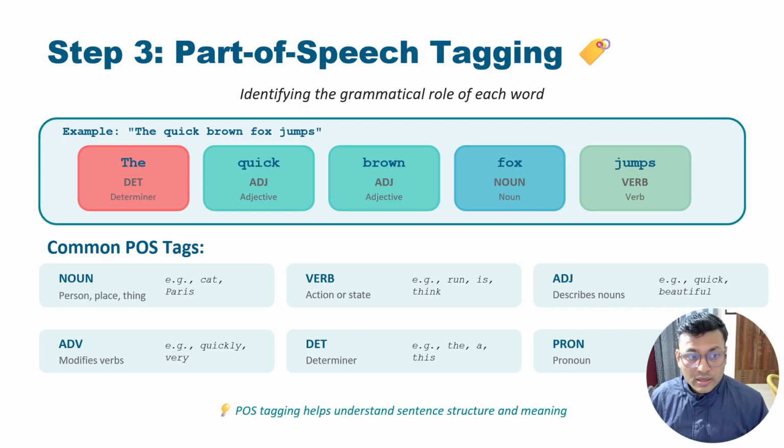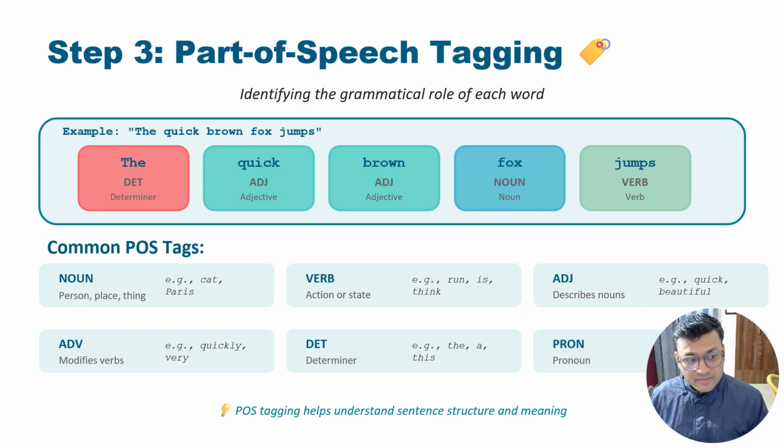"The" is a determiner. Quick is an adjective, brown is again an adjective in this sentence. Fox is a noun and jumps is a verb. So the whole sentence has been broken into pieces, and each has been given different tags, like determiner, adjective, noun, verb, pronoun, whatever. Same as usual grammar.